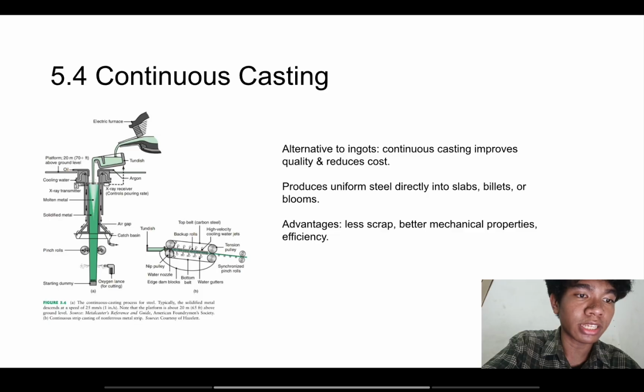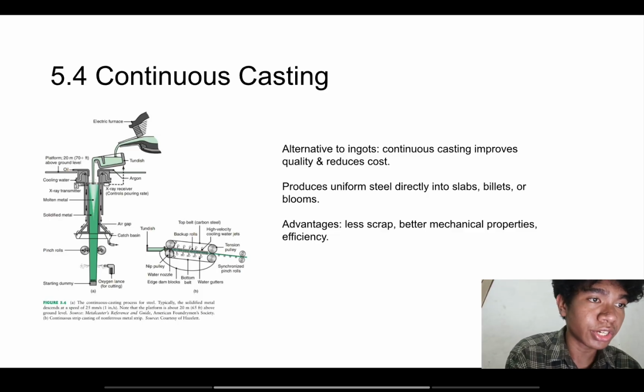Continuous casting was first developed for nonferrous metals, and the continuously cast metal is cut by sawing or torch cutting, or fed directly into rolling mills for shapes like channels and I-beams. It's cheaper and has more uniform properties than for carbon. So there are a few advantages here.